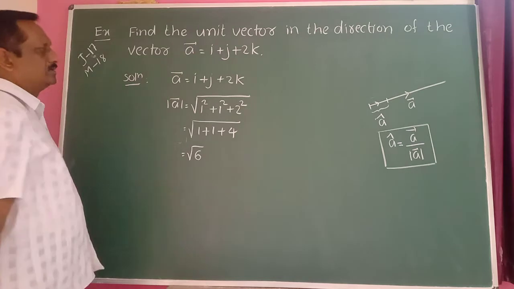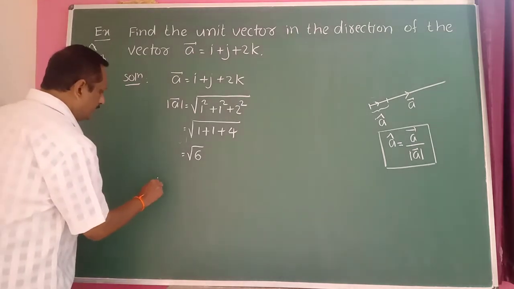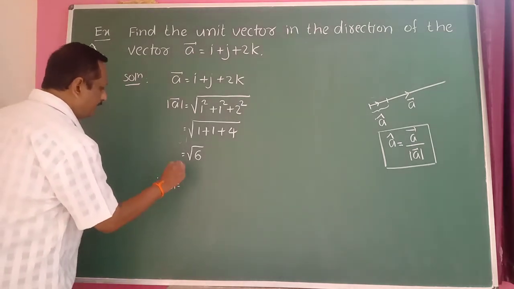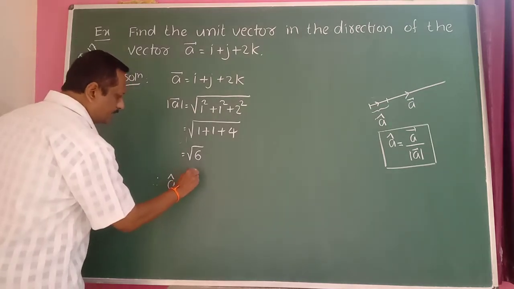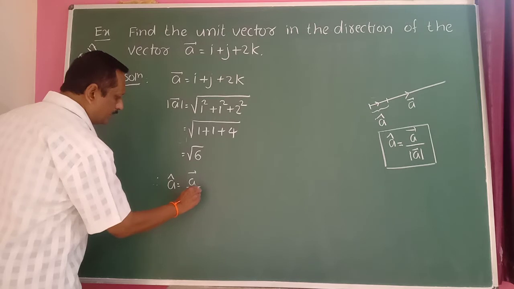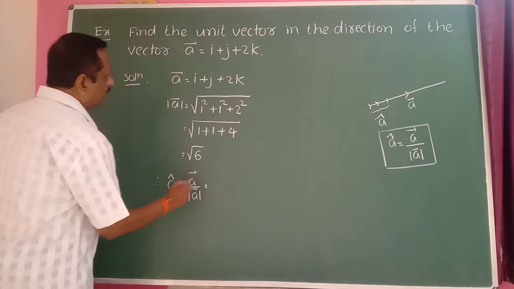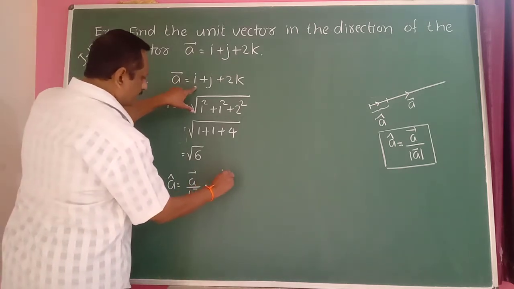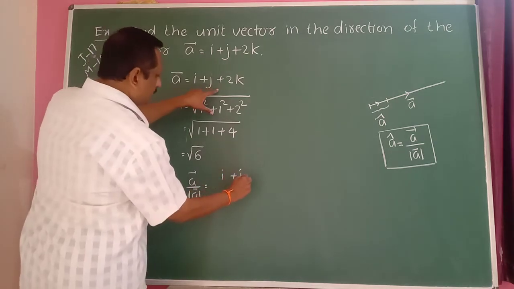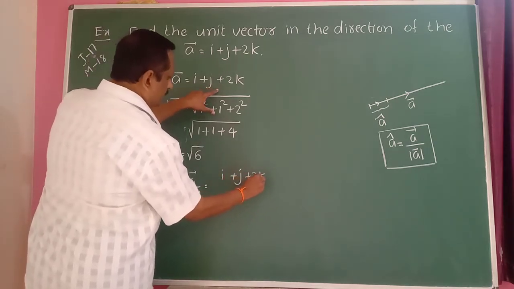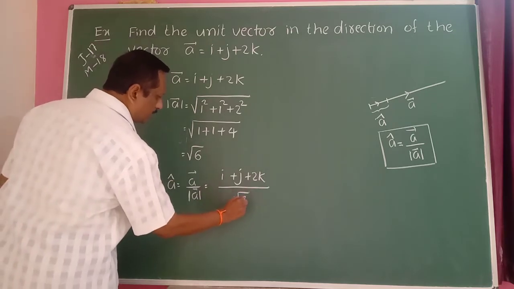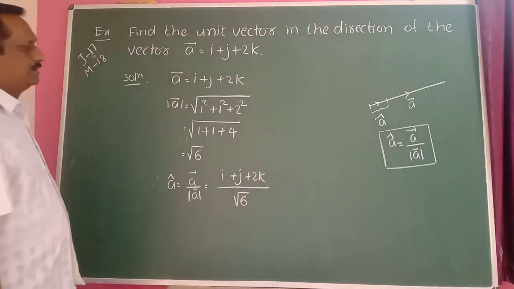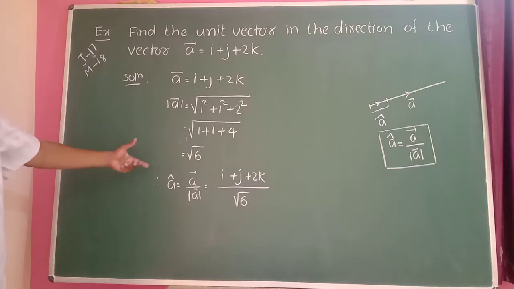The required unit vector, denoted by a cap, is given by a bar divided by modulus of a bar. That is i plus j plus 2k divided by root of 6. It is a unit vector in the direction of the vector a bar.